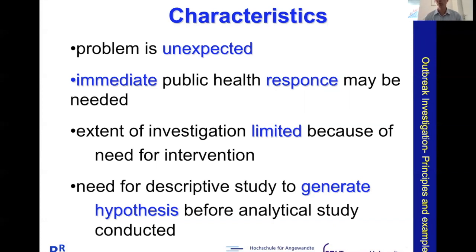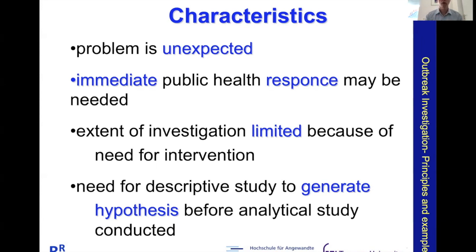So you cannot just say, my power calculation tells me I need 100 more cases, so let's wait, so then the statistical analysis will be much better. No, you have to take what you get and be as efficient as possible. And you need to first, of course, as in every epidemiological investigation, do a descriptive study in order to generate a hypothesis before an analytical study can be conducted.